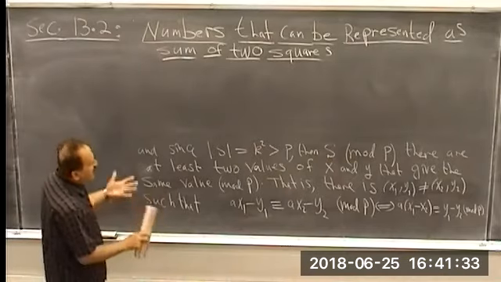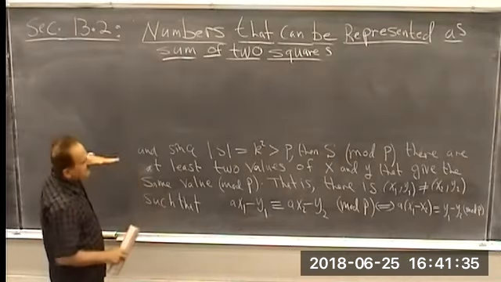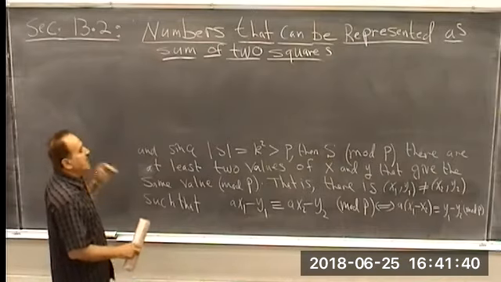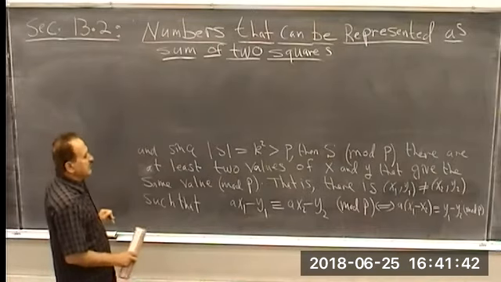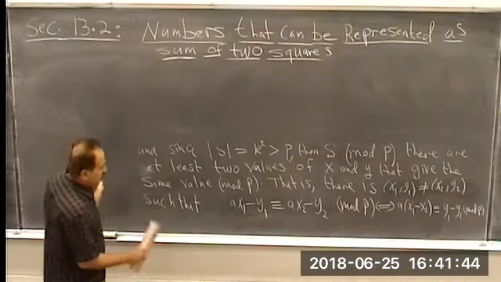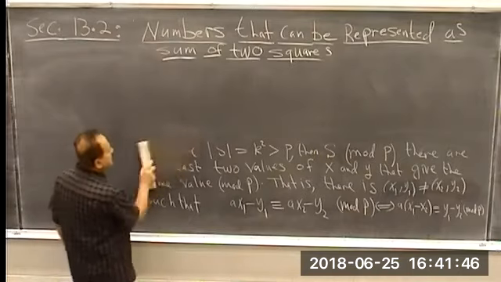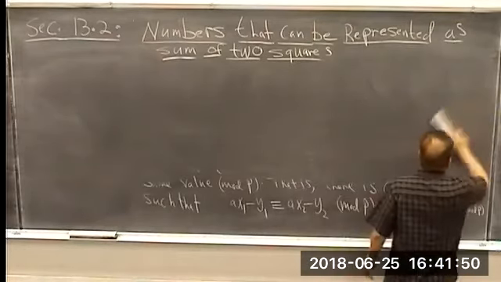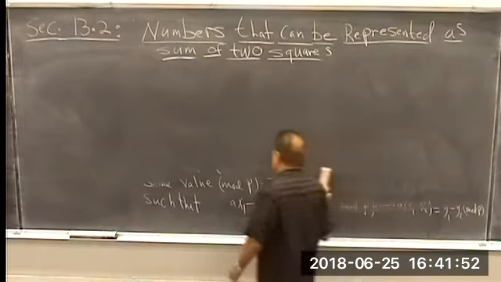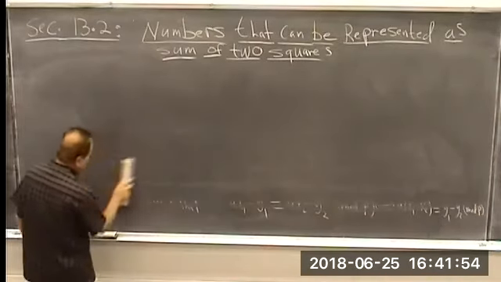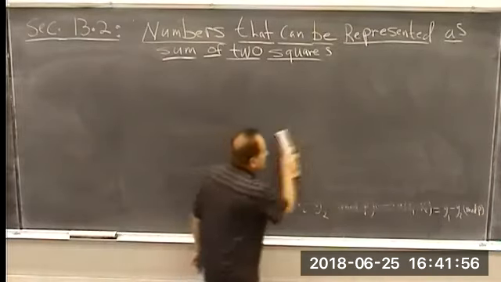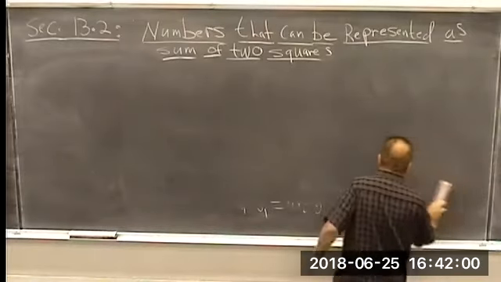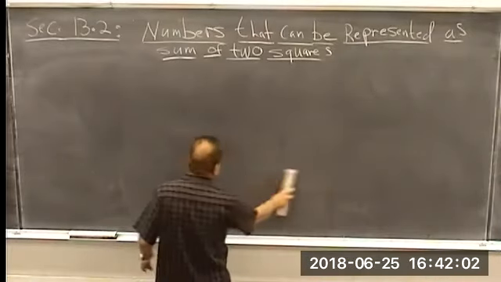But here they might appear in the same row, meaning the y values are the same but the x values are not, so they're in two different columns, or the other way around. And I want to show that this is the case. This is the difference between when you have an example and when you want to do things in general: you have to make sure that you consider all possibilities.